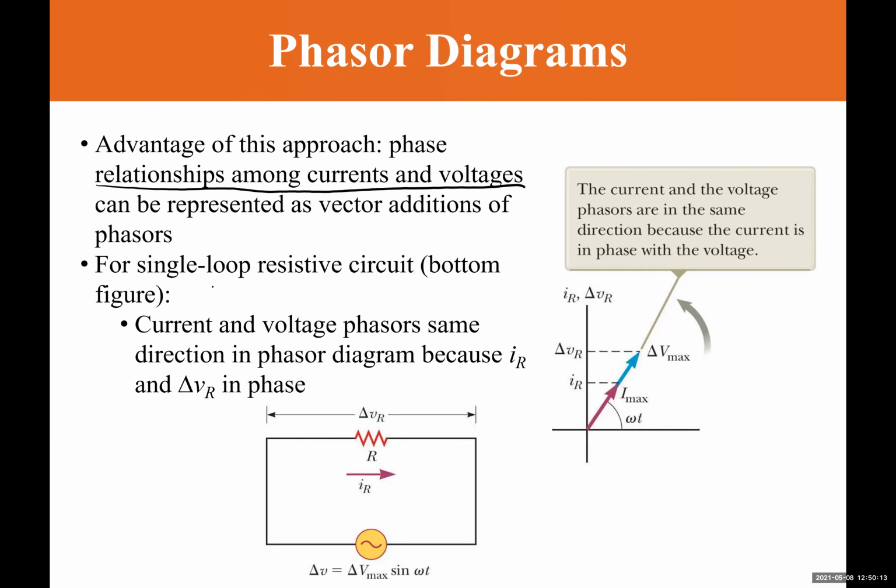When you have other configurations, you're going to see that this is no longer true. The current and the voltage are no longer in phase for capacitors, and they're no longer in phase for inductors. So we have to be able to use these phasor diagrams to do some type of calculation, and sometimes make the calculation a little simpler, because the geometrical approach is sometimes simpler than the analytical one.